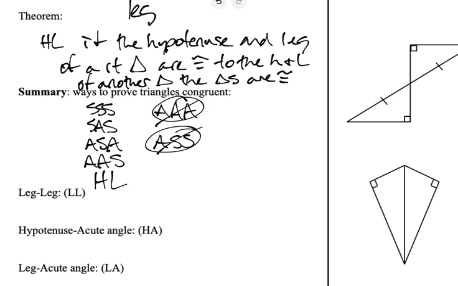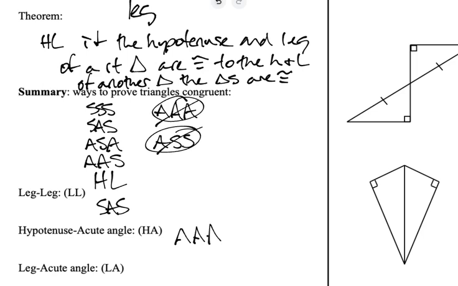So leg down there, that's just a side angle side on a right triangle, so we don't really need to know that. They're not as useful as you might think. So these are extra possibilities for right triangles only. But if I know the leg and the right angle, then I have a side angle side. That angle is included. Hypotenuse acute angle is the same thing as angle, angle, side.